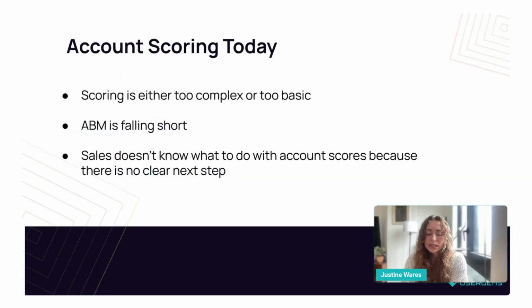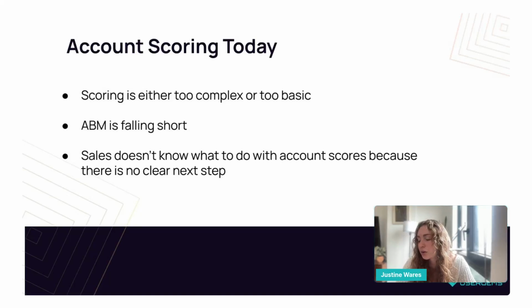I want to quickly take a step back and talk about how account scoring as a whole works today, industry wide. If you're not familiar with it, there are many vendors that offer account scoring, and account scoring is just one feature of Jemmy. We are not an account scoring platform. It just helps our AI outbound programs run.